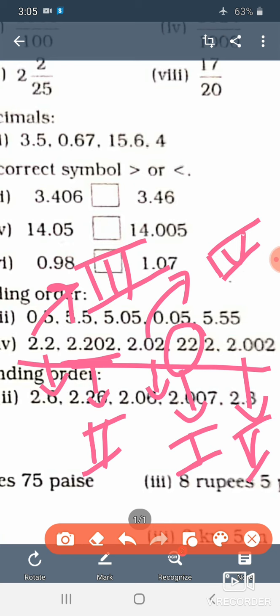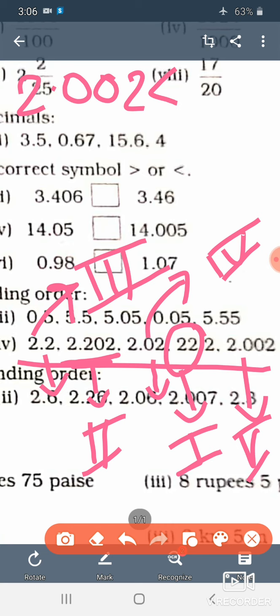Now we need to arrange them in ascending order. Ascending order means we have to write the smallest first and then greater, greater, greater, at last the greatest. So let's write the smallest, that is the fifth one, first. 2.002.